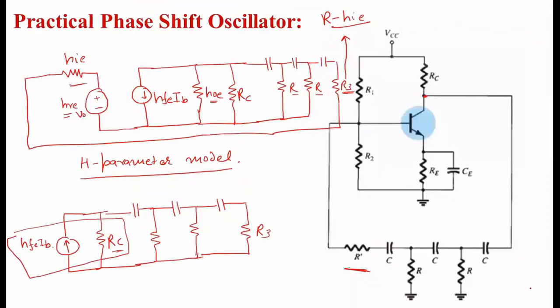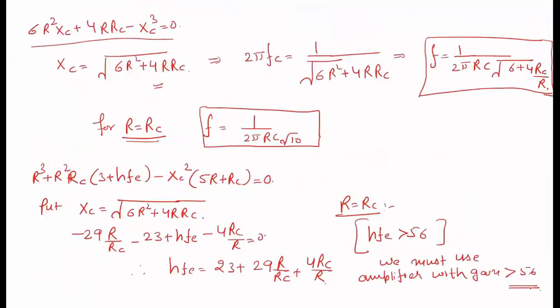But for the practical case, the gain should be greater than or equal to 56, and the frequency which is responsible for the 180 degree phase shift is equal to 1 by 2 pi RC into root 10. If we put R is equal to RC, and RC is the collector resistance, in this way we can have the RC phase shift oscillator. Thank you.